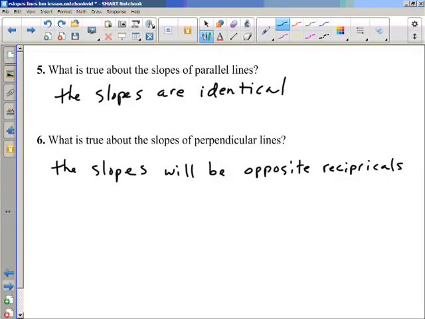And by opposite reciprocal, we mean if a fraction is given for a slope as, let's say, 2/3. Let's say the slope of one line is 2/3. If the slope of a second line is negative 3/2, that's the opposite and the reciprocal. These two lines would have slopes that are perpendicular.